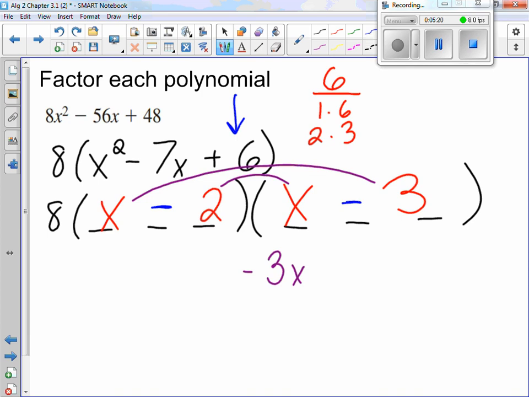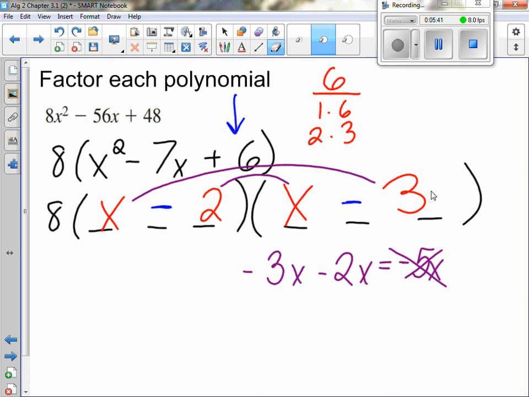Negative 2 times x is negative 2x, and negative 3x minus 2x is negative 5x. Is that what we wanted? No, we wanted negative 7x. So we could flip the 2 and 3, but would that change anything? No, it'd be the same thing.